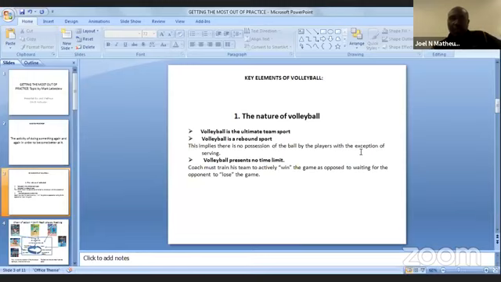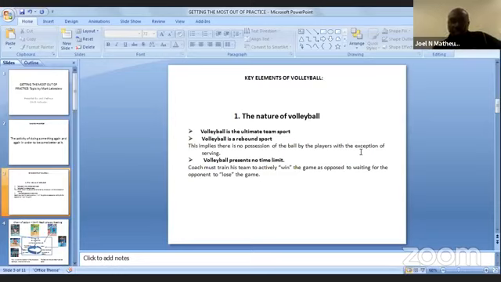Otherwise, no player can play the ball by himself or herself, except for the service only. And what is very important when you do your practice is to consider that volleyball is a rebound sport. There is no possession of the ball by the player, with the exception of the service.